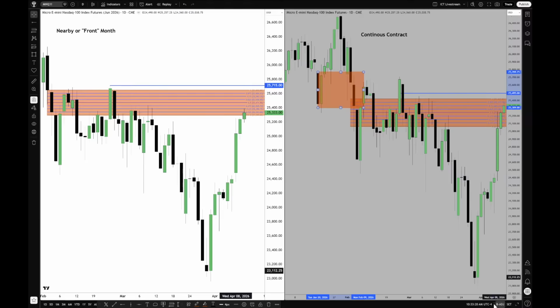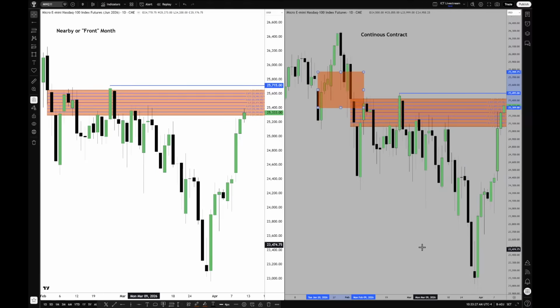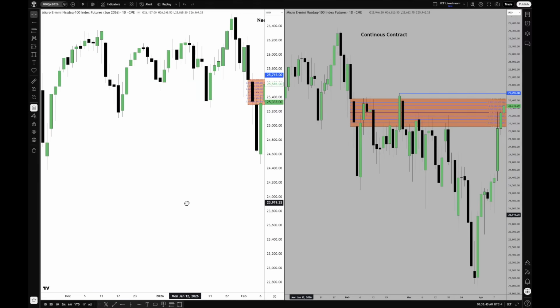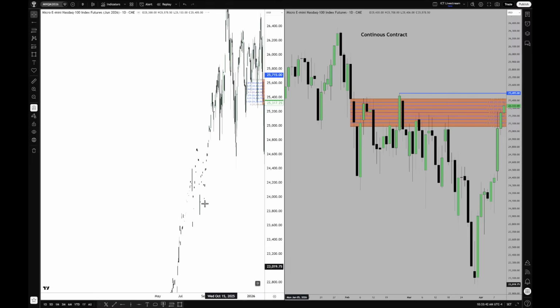A lot of traders won't even look at the continuous contract, but you're not going to be able to smooth out the gaps that exist in the contract delivery month when you're looking past where the price was clean. What does that mean? Go back over here to the front month or nearby contract. If we go back far enough, see how it gets spotty in here?